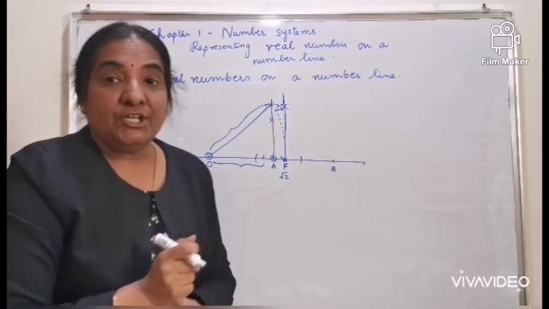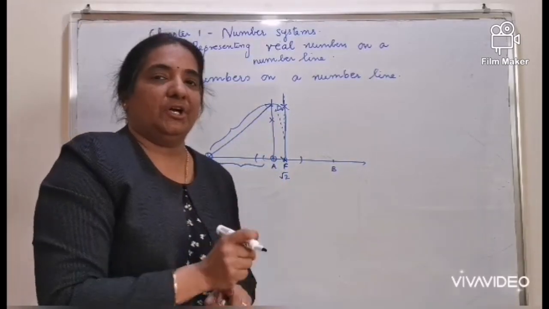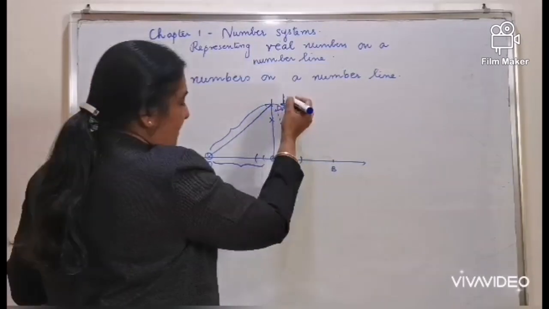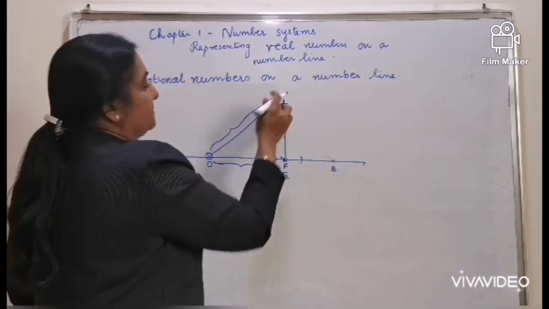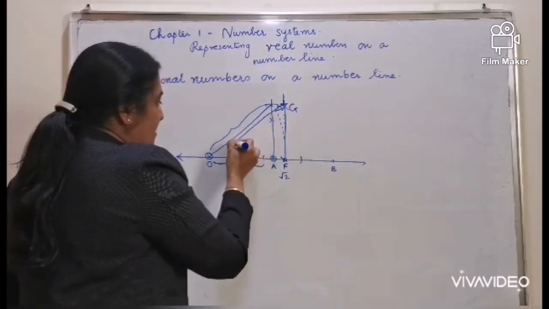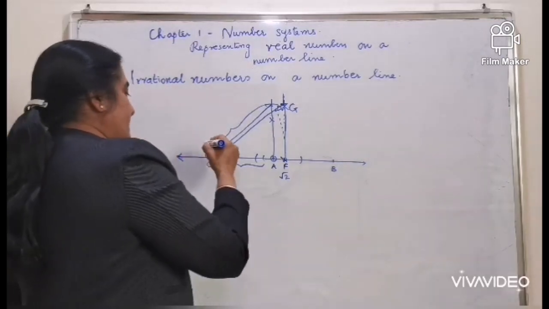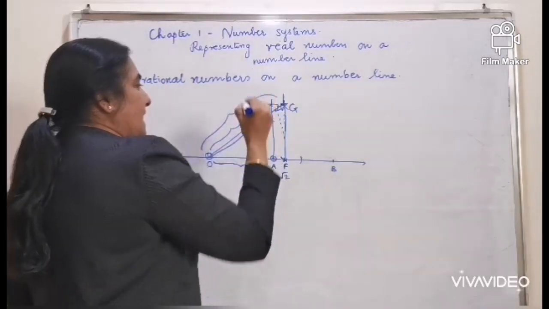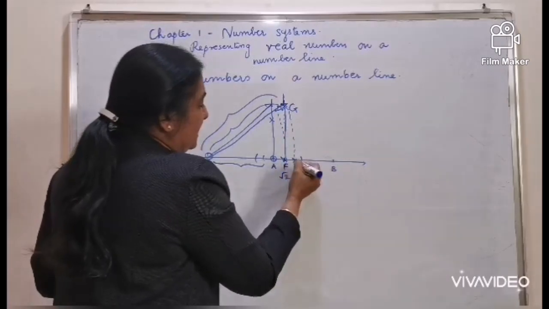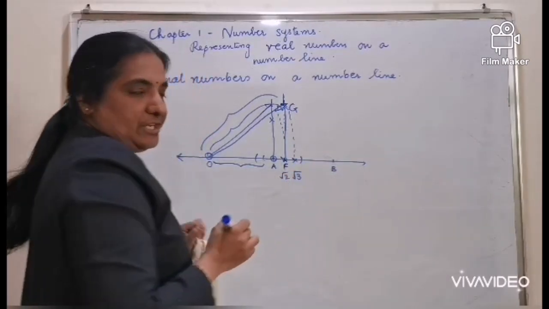That length need not change. It should not change. The length AD should be the same here, FG. Join OG, with O as center and OG as radius. Again, if you plot, that will give you root 3.